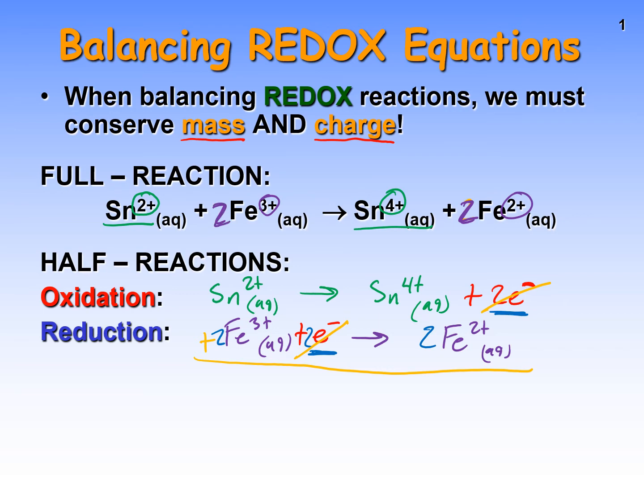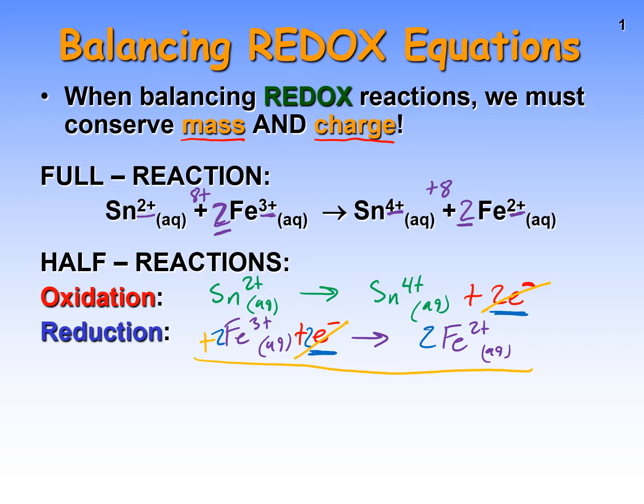Now, if we look at this redox reaction, everything should balance, right? Our charges, our masses, everything should balance. So 2 plus, 3 plus times 2, that gives me 6 plus 2 plus. This is 8 plus on this side. I have 4 plus here, plus 2 times 2 plus. This also gives me 8 plus.